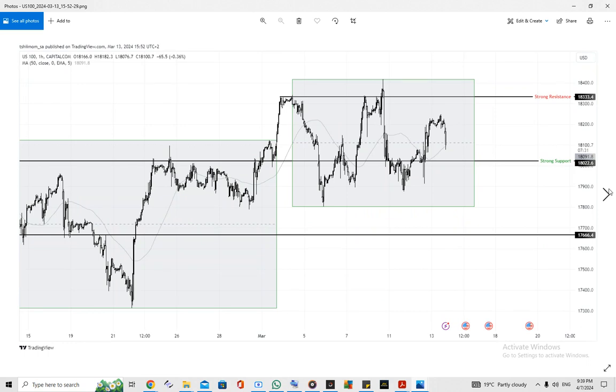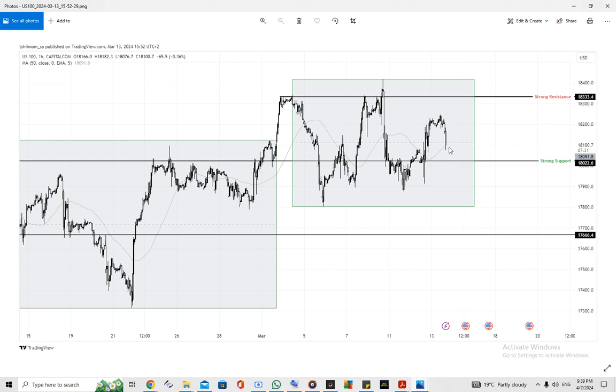Now I went and looked at the chart on the 1 hour, and I can tell that we are still in a range, and we are pushing to the downside.